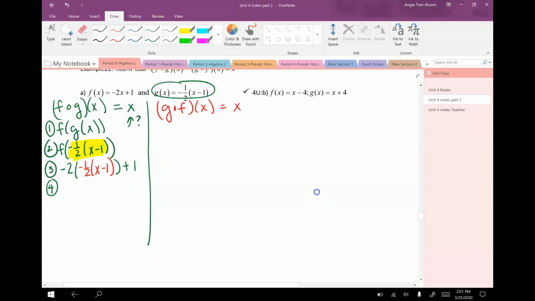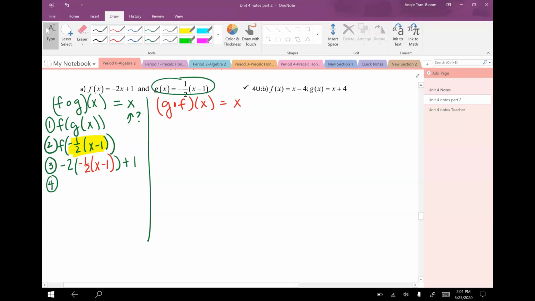We multiply -2 times -1/2, so it's going to be +1 times x minus 1 plus 1. But 1 times anything is itself, so technically you don't even have to have that 1 in front of the quantity. We can combine like terms, and our last step is x, and we put a check because yes, it does come out to equal x.